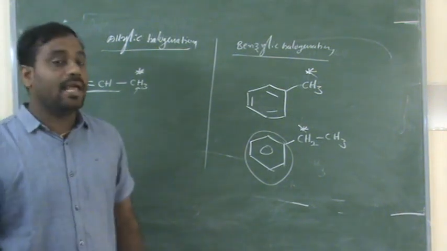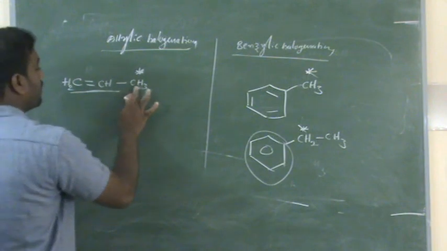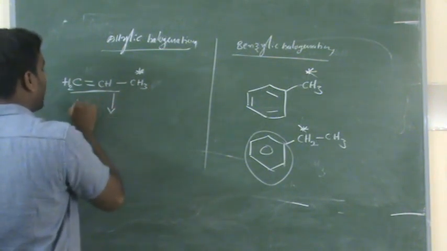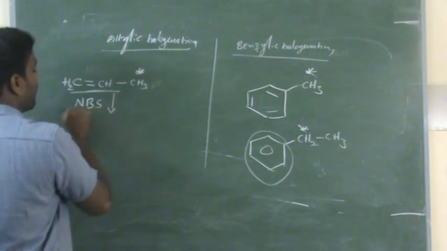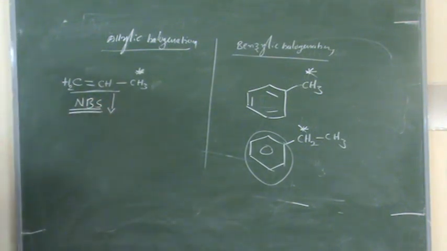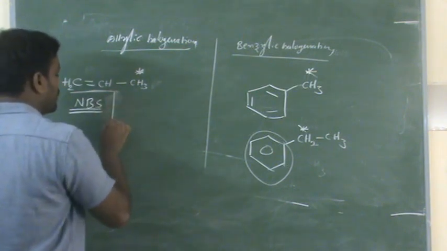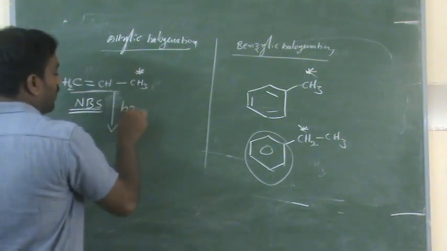bromination, using the reagent N-bromosuccinimide, called NBS, in the presence of sunlight.